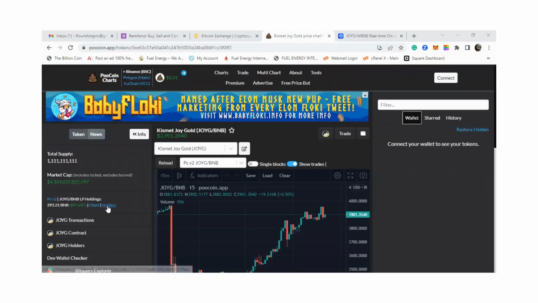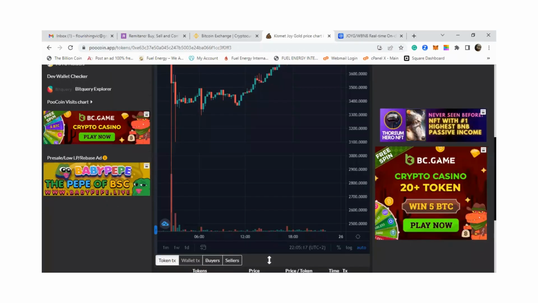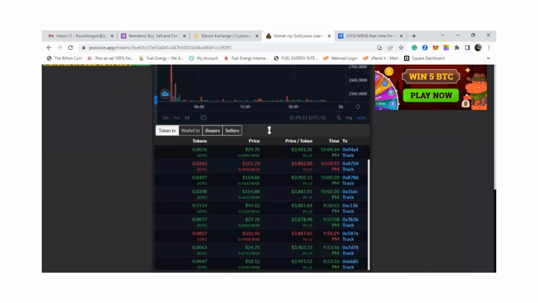Click on holders here. Not there, not there. Come down a little. Which page here? This page or scroll this down? Scroll down. Come down now.